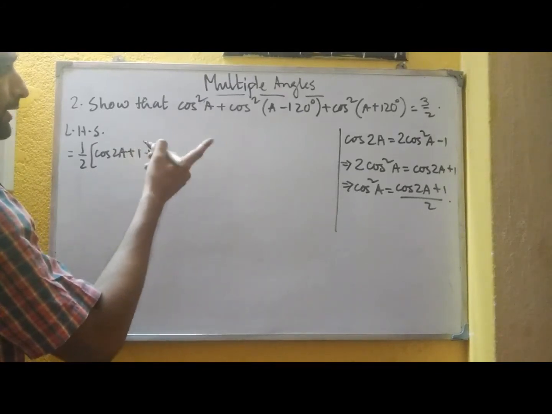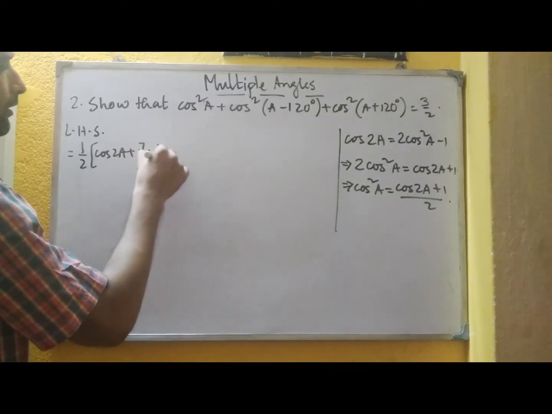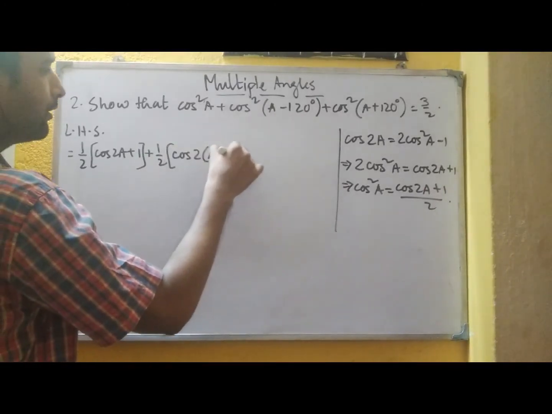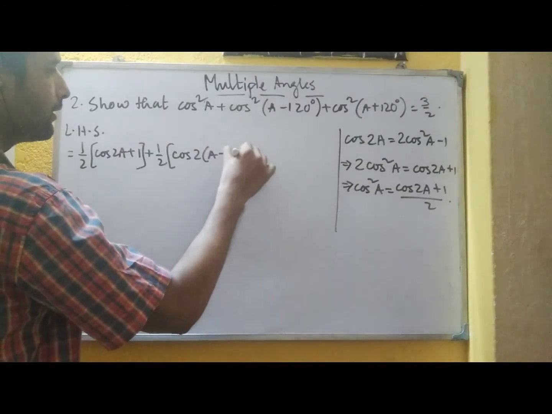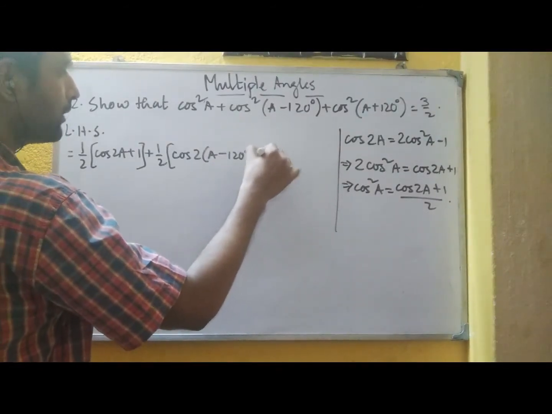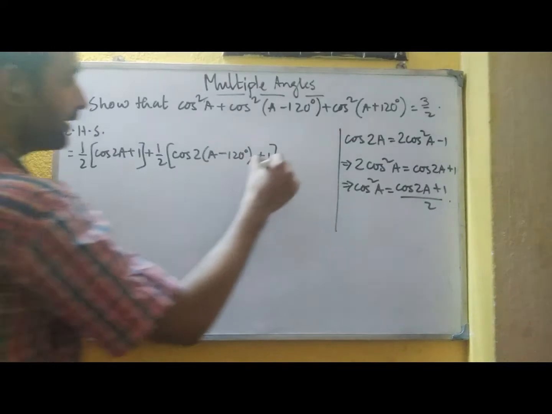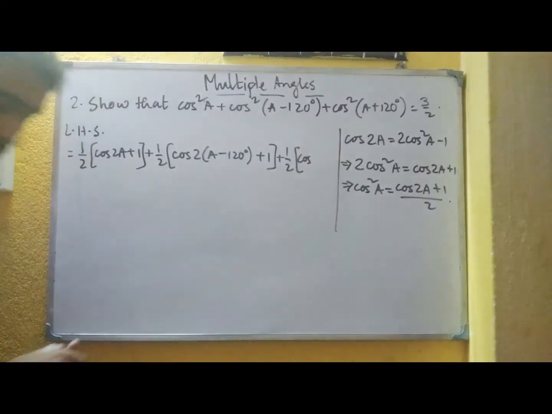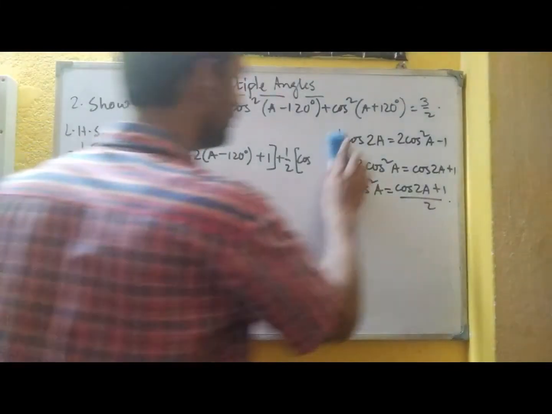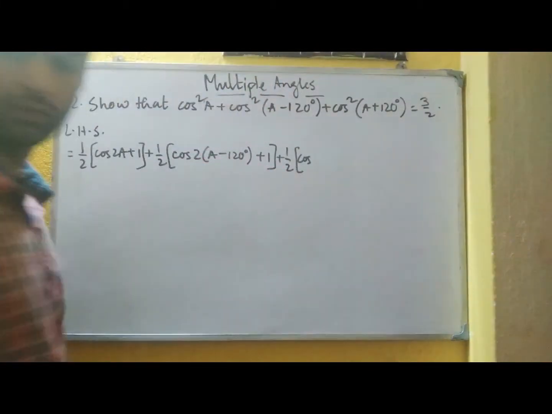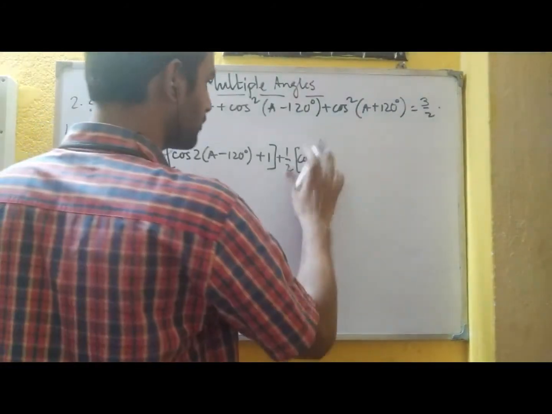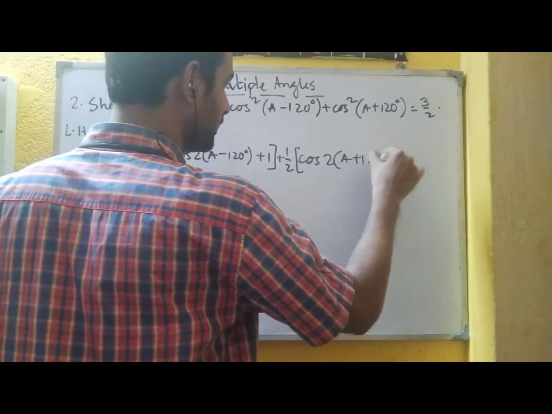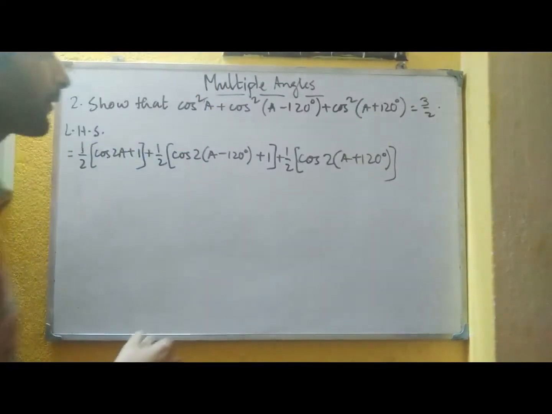Then it is again half into cos 2 times a minus 120 degree plus 1. And again it is half into cos 2 times a plus 120 degree plus 1.